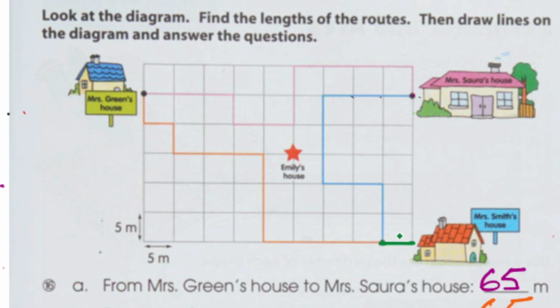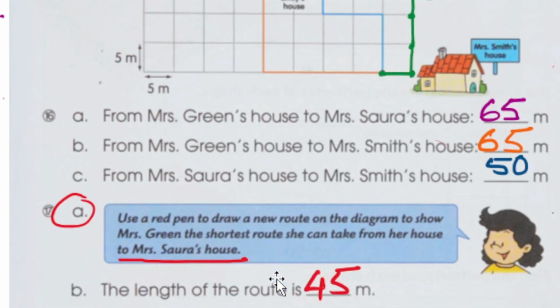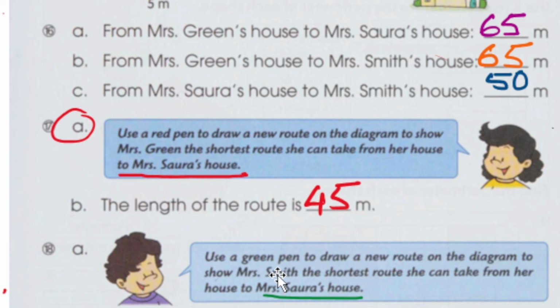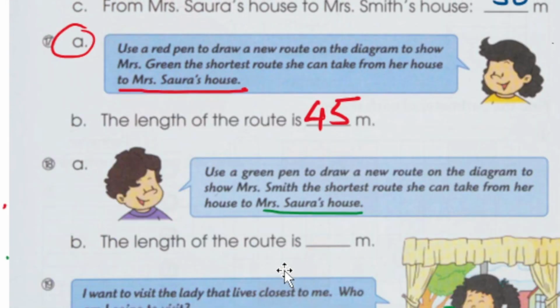So first go to this place, then this one. So it is 5, 10, 15, 20, 25, 30. The length of the route is 30 meter.